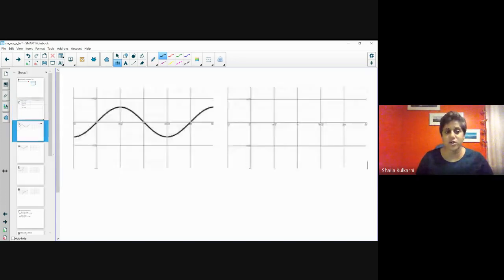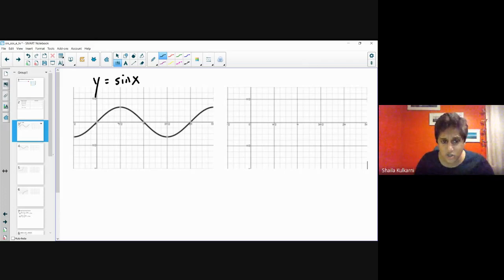So let's look at this first one. This is the graph of y equals sine x. And you'll notice that the scale is pi over 2, so it's not quite the scale you're used to, but we're going to go ahead and sketch the derivative. Remember, when we sketch the derivative, we come to an x value on this curve, say 0, and then we figure out what its slope is.